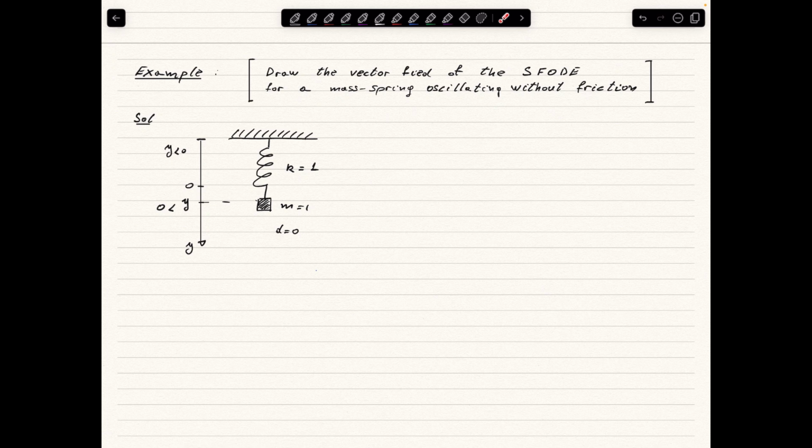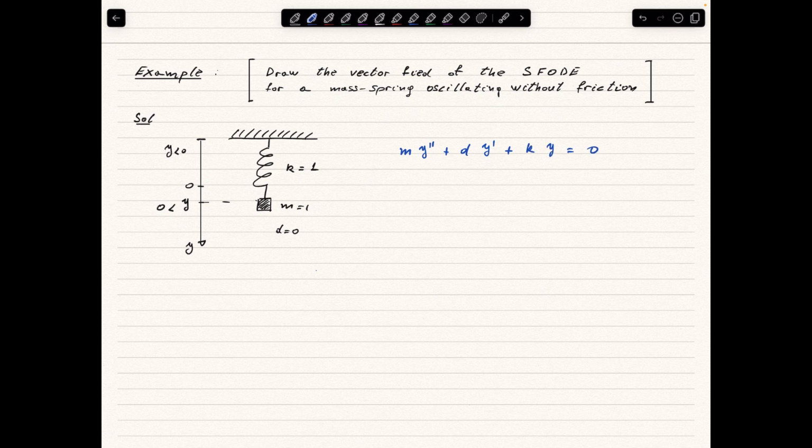Okay, so let's recall first what is the system of equations that this system satisfies. In general, it is Newton's equations. And here the equation is mass times the acceleration plus the friction constant d times the velocity plus the spring constant k times the displacement equals 0.